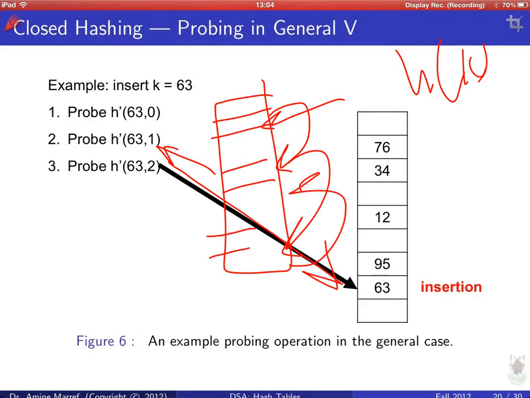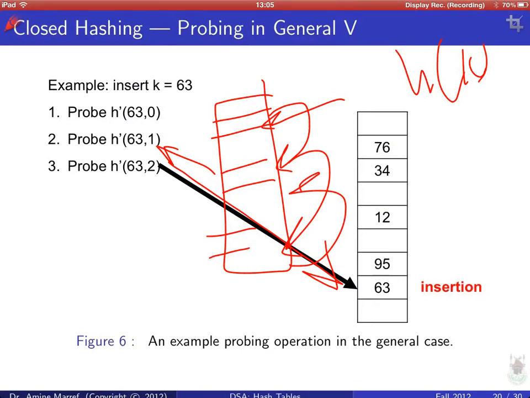So instead of deleting the item, I'm going to mark it as ghost. Now, what does ghost mean? It should be a value which is not null and which is not equal to any of the keys in the table. For example, if all your keys are positive, use -1 to denote the ghost cell.